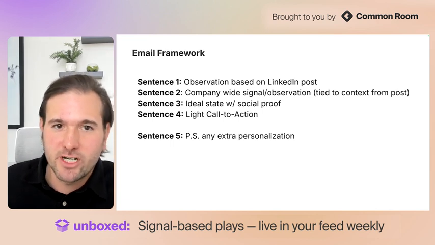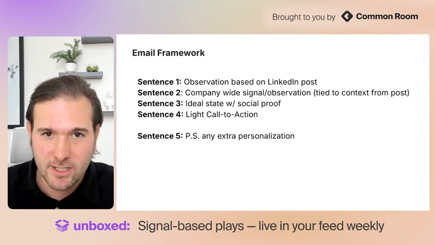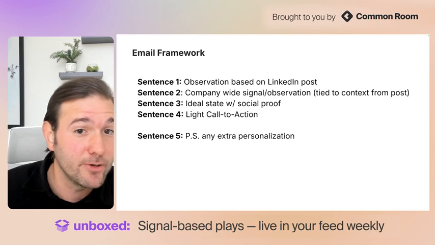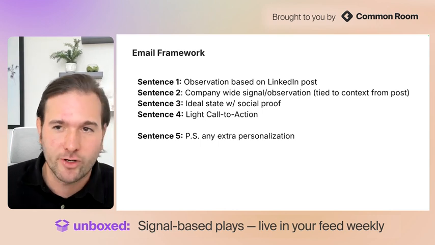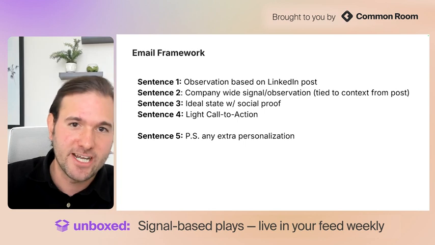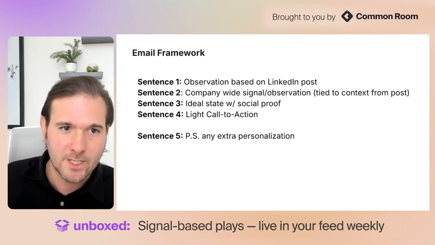The second thing we're going to do is additional research, usually at the company level, to find a compelling reason as to why we're reaching out to not just the person, but the actual company or organization as well. And this is where we tie the context from the post to the signal from the company, okay?